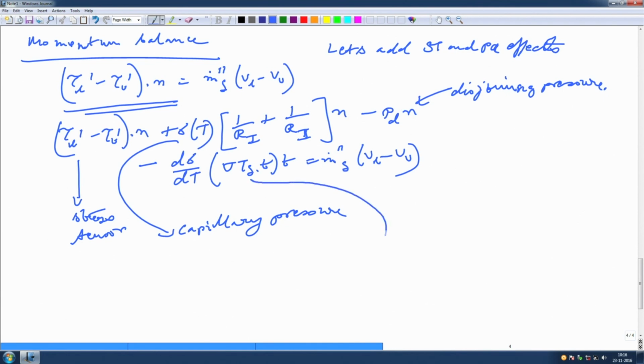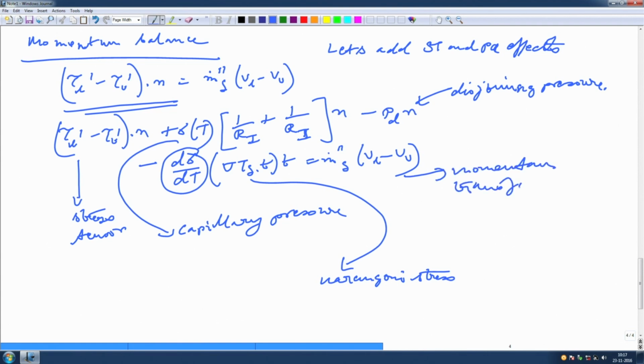This is what we call the Marangoni stress, because you have this gradient, d sigma by dT. So, you have a Marangoni stress if there is a temperature variation, and this is basically the momentum transfer due to inertia.